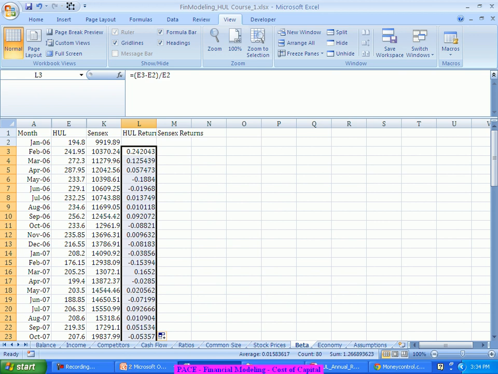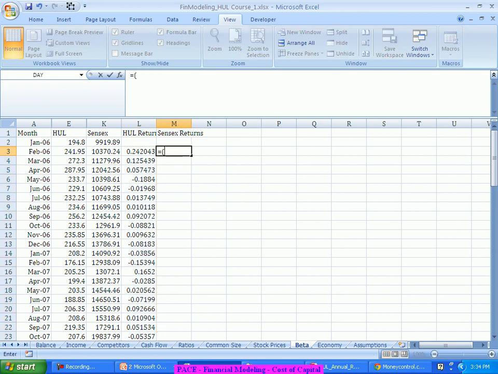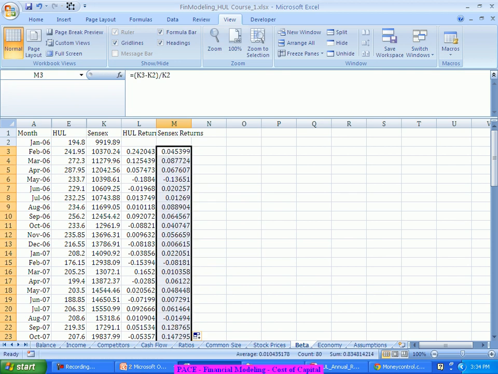Now the same logic can go for Sensex: the value for this month minus the value of the previous month divided by the value of the previous month. I just put these two in a percentage format.